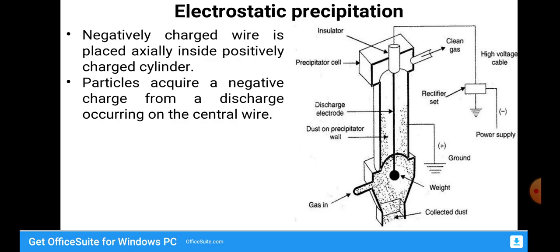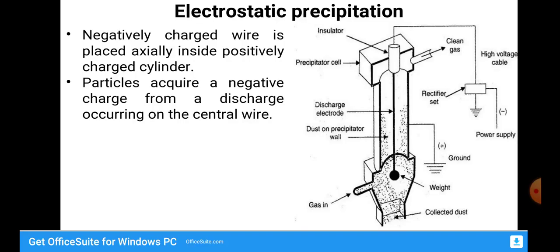As you can see in this figure, a gas inlet is provided at the bottom. So gas is directed from the bottom, it will change its direction, move upward and come in contact with the central wire. From the central wire it will acquire negative charge, and as the solid particles become negative, they will be attracted toward the cylinder wall, because the cylinder is grounded, so it is positive.